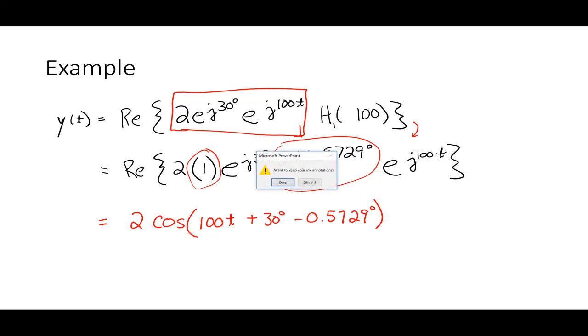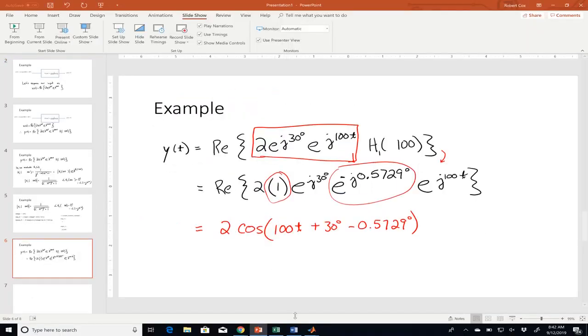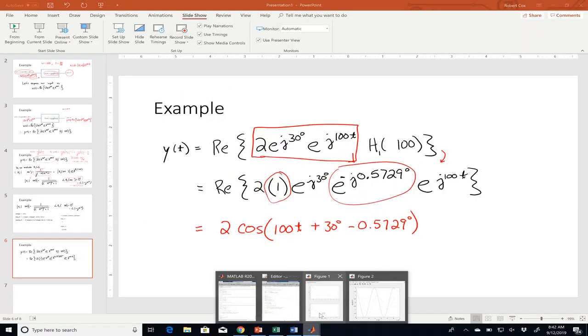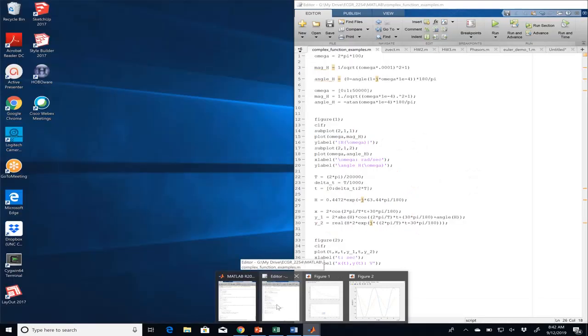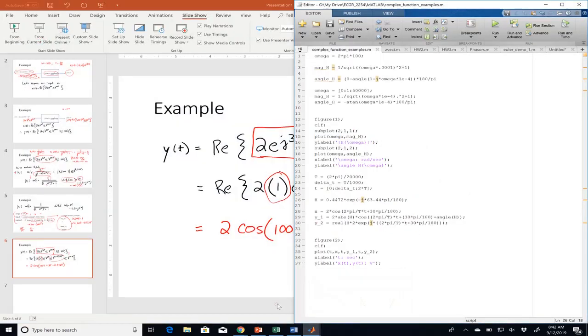Now I want to quickly look at what that looks like in MATLAB. Here's what I did. I wrote a piece of code that allows me to plot the different outputs.